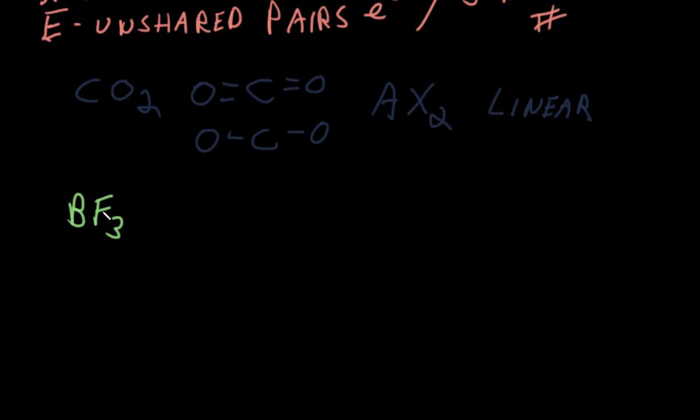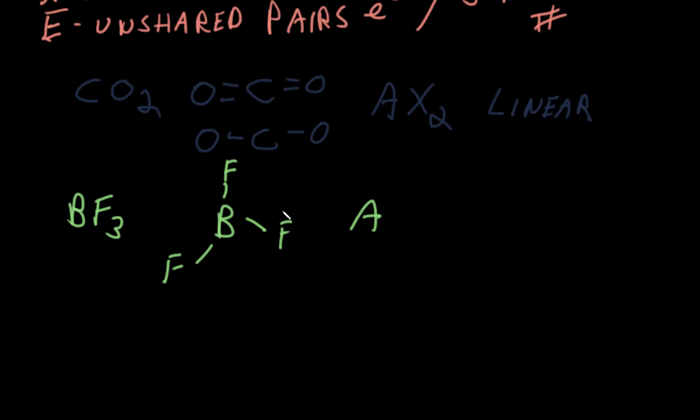If we were to draw this out, we would draw it with the boron as our central atom, and then fluorine coming off the sides. In the AX model, this would be A, our central atom, which is typically going to be the first one. And then we have three shared pairs, or covalent bonds.